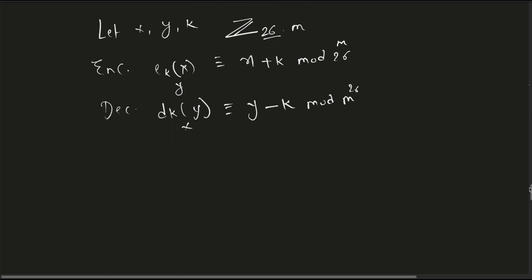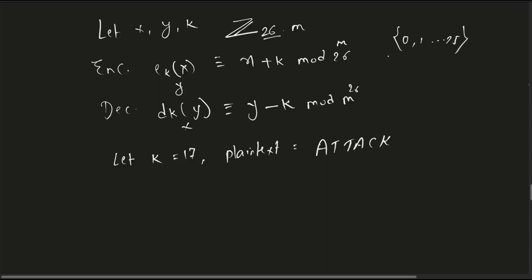Okay, let's do an example. Let's assume our key is 17 and our plaintext is attack. Since the ring contains things from 0, 1 all the way to 25, a total of 26 letters, the maximum would be M minus 1, which is 25.